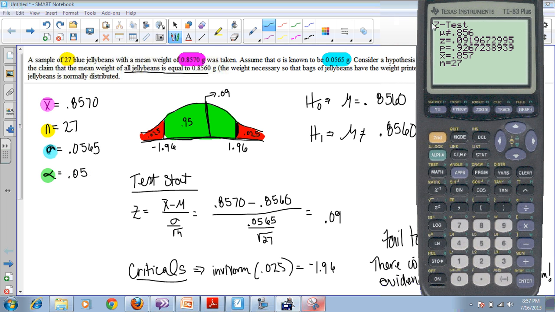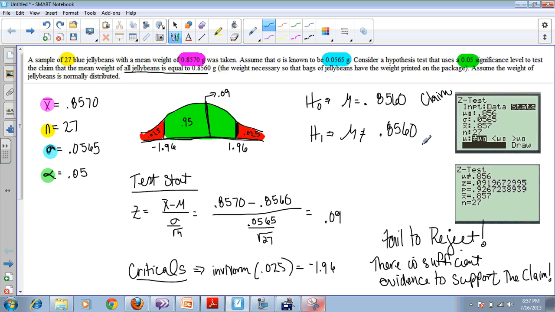If the p is high, then the null goes nowhere, because if the p is low, the null goes. So p is not low, the null does not go. And so I can use my p-value to say, I failed to reject. And so those are those two screens that I had right there. So you can do it by hand or you can use your calculator. Either way is fine.